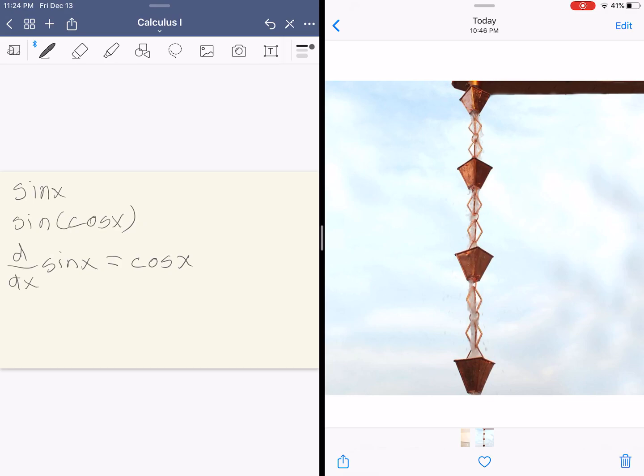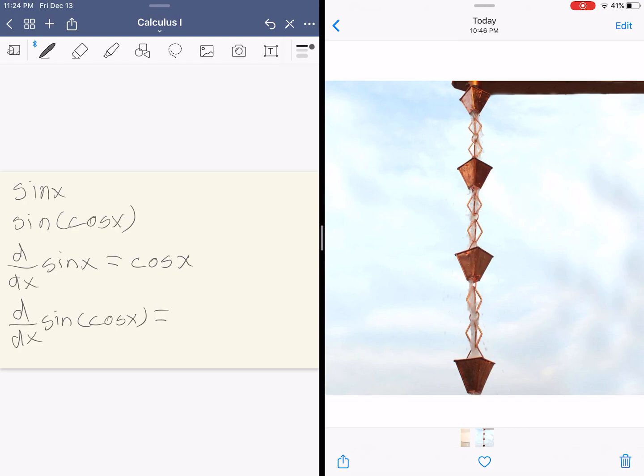Now the question is, what is the derivative of sine of cosine of x? Well, if you look at that, that might be confusing, right? Because you have two functions here, one function contained within another. So how do we go about taking a derivative? Well, we implement the chain rule. And the chain rule goes as follows, right?